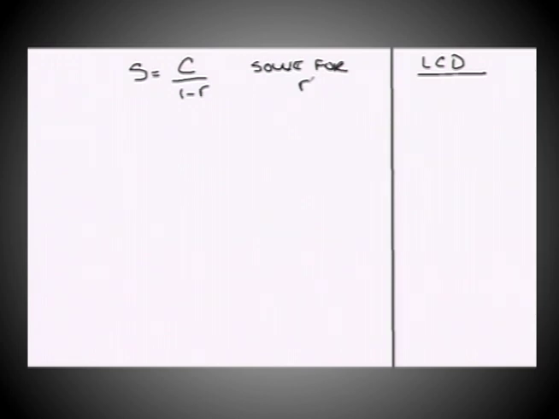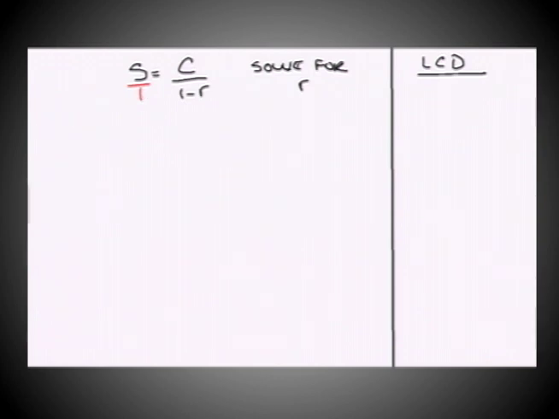So just like you did with rational equations, we want to find the LCD so that we can get rid of the fractions and just be dealing with either a linear equation, a quadratic equation, some other type of equation that doesn't involve rational expressions like we have.